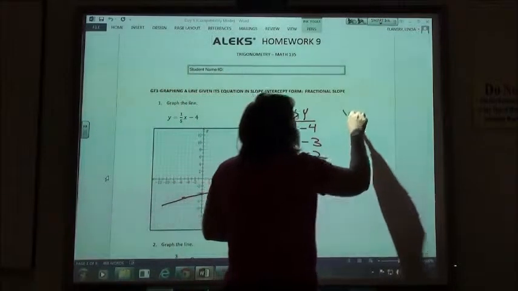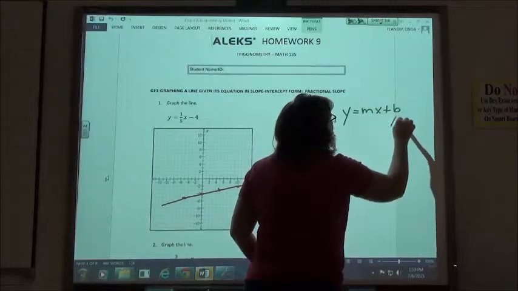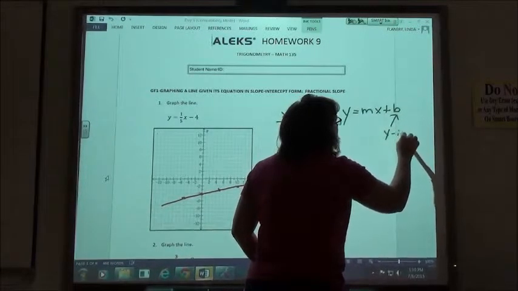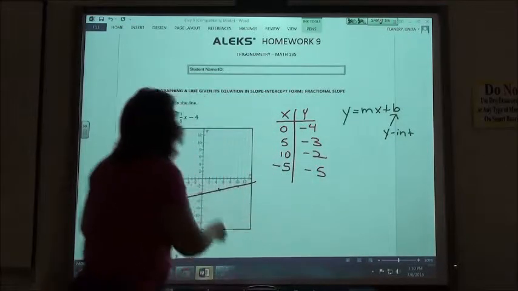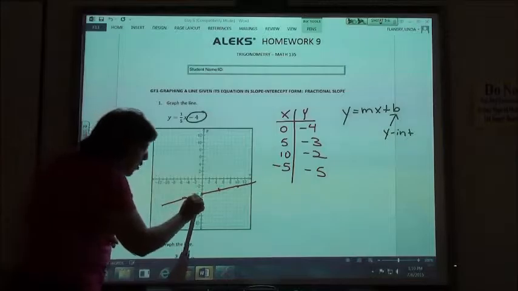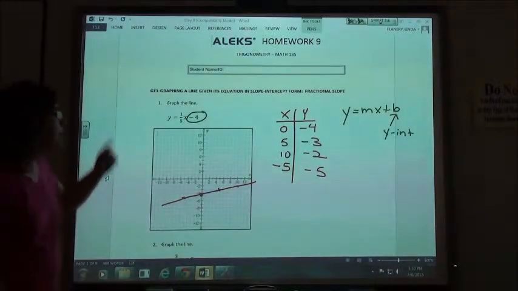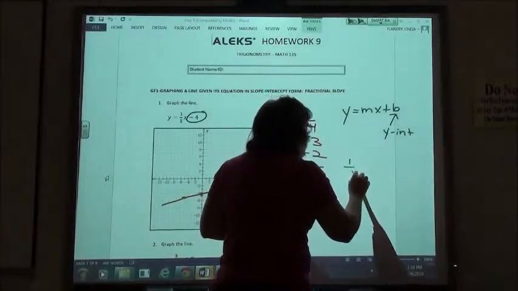If I have the equation y equals mx plus b, we know that the end number is the y-intercept. So in this case, my y-intercept is at -4. I should be touching the y-axis at -4, which was that point right down there. My slope is 1/5.